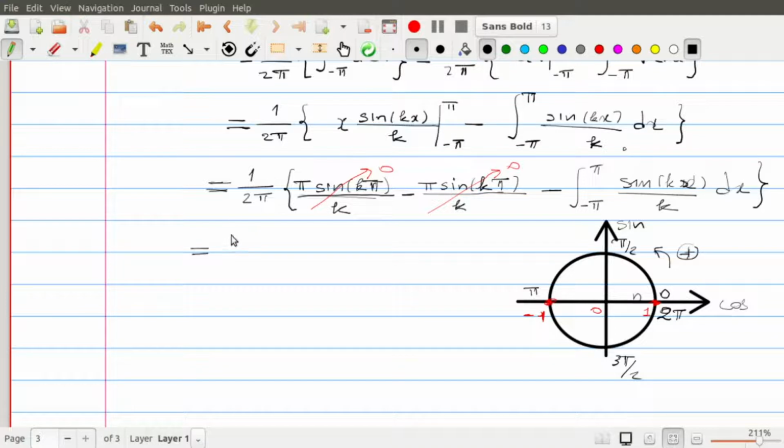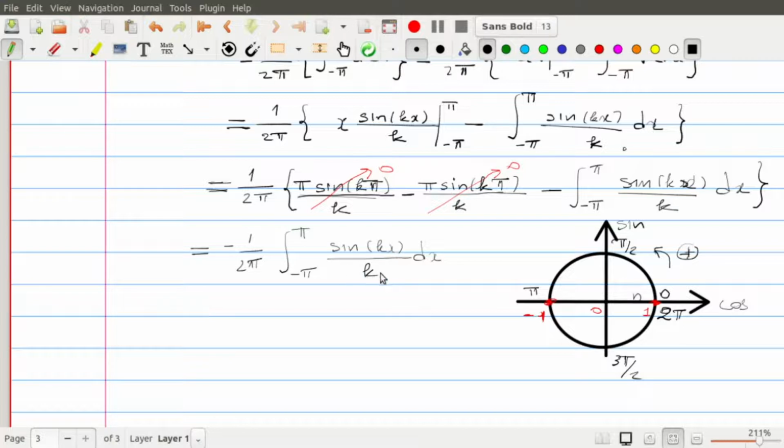So the final result at this stage will be negative 1 by 2 pi integral from negative pi to pi sine kx by k dx.